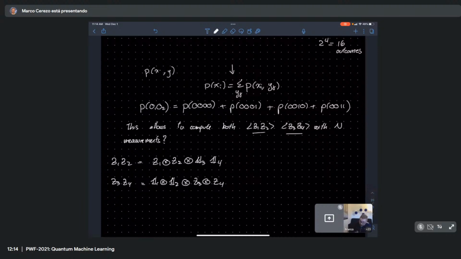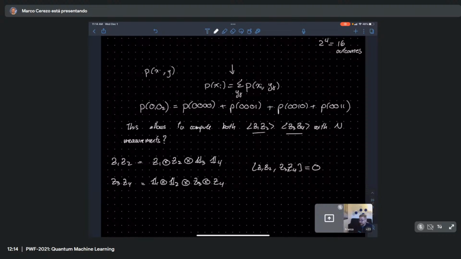And something that those two operators have in common, and this is going to be the key aspect, is that they commute. Z1, Z2, Z3, Z4 commute. And if you remember from your quantum mechanics course, we know that operators that commute can be simultaneously diagonalized.